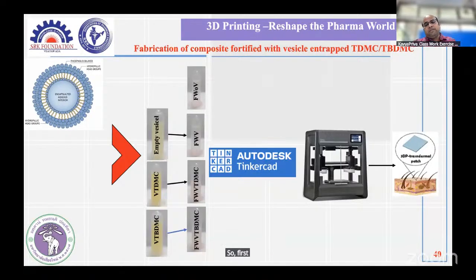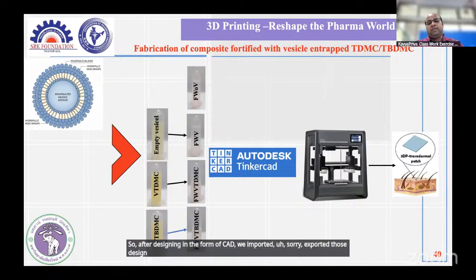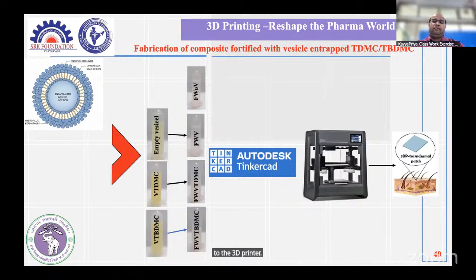First we went to the software, that is CAD, where we designed what kind of printing we need to do. After designing in CAD, we exported the design to the 3D printer, and then we went to printing. But before doing this, we first analyzed the mechanics of fluid, which we have to understand before we print.